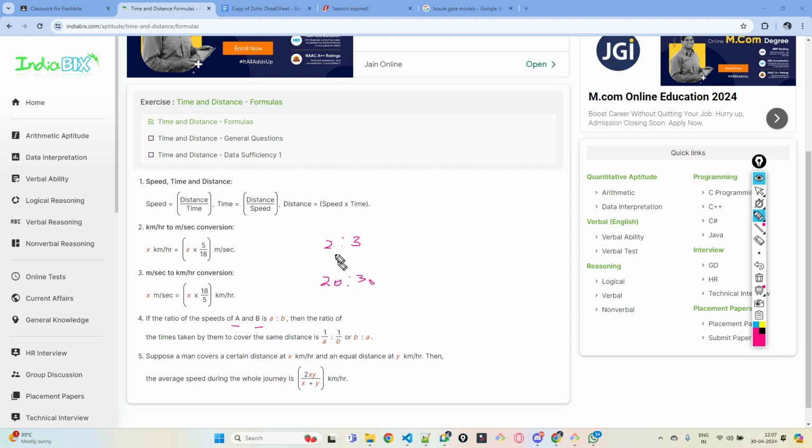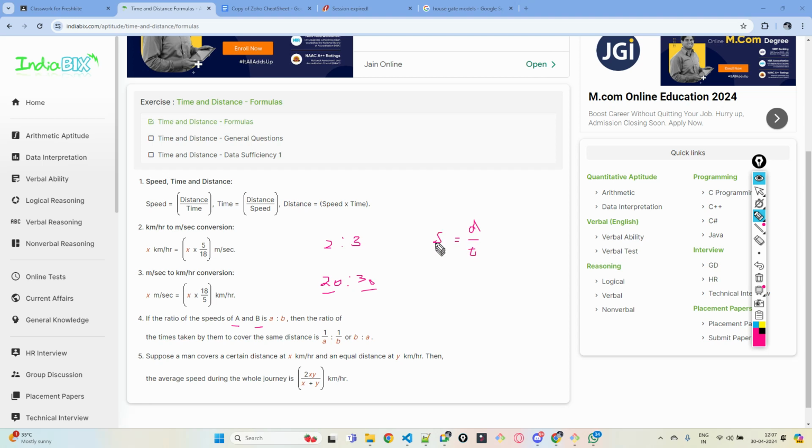Then the ratio will be 2 is to 3. If the speed ratio is this, what will be the ratio of the time in which they reach the destination? The ratio of the time will be the reciprocal of this, because speed is distance by time.